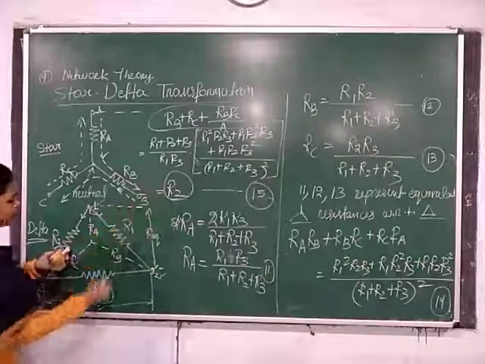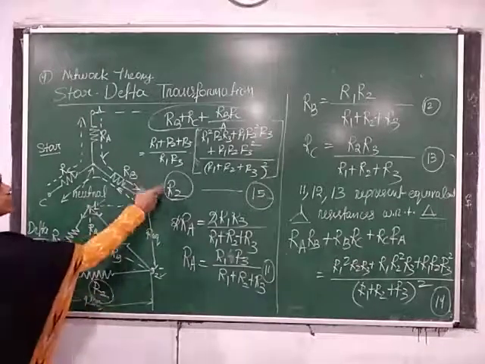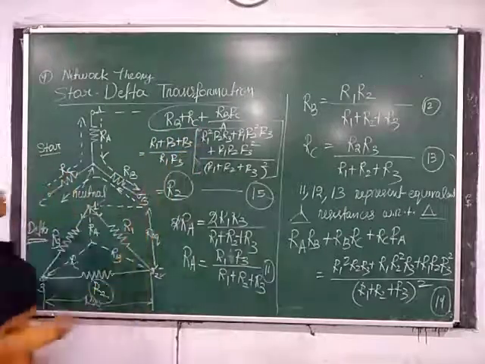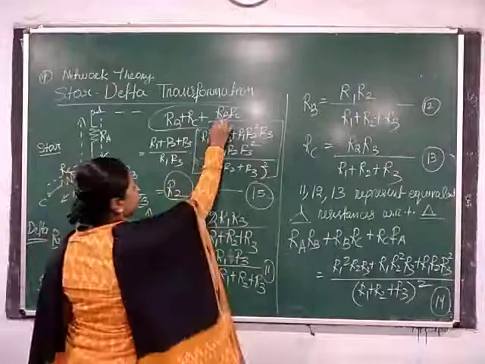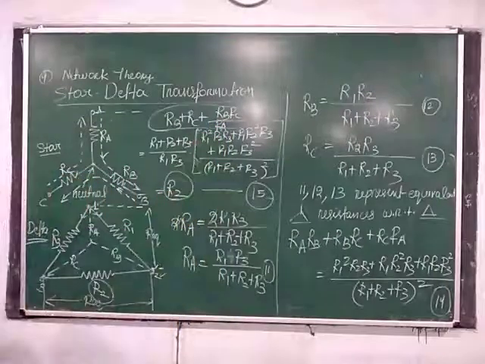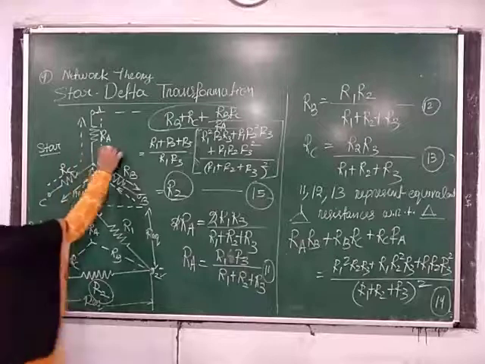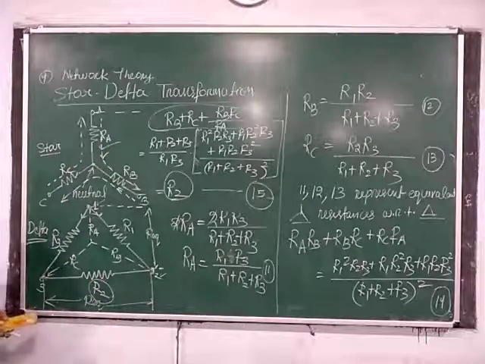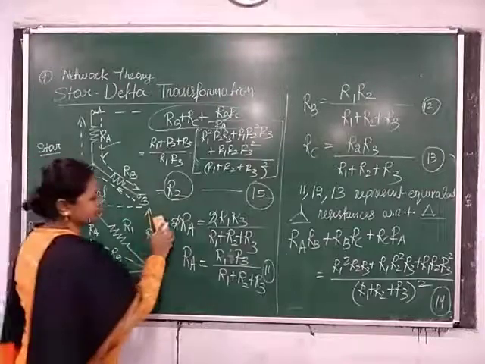R2 is the delta resistance and its value is RB plus RC plus their multiplication divided by RA. By mistake I wrote only R; sorry, it is actually RA, this one. Okay.